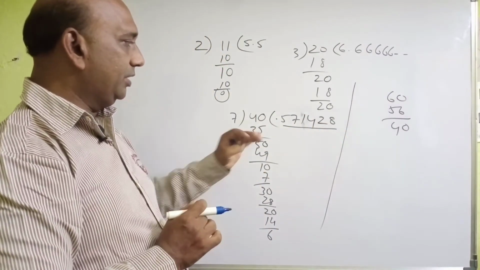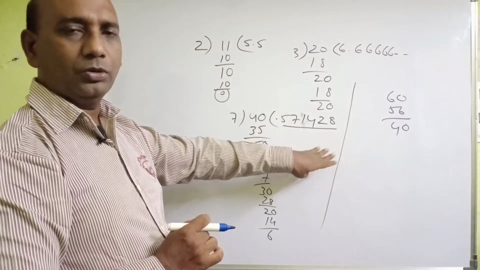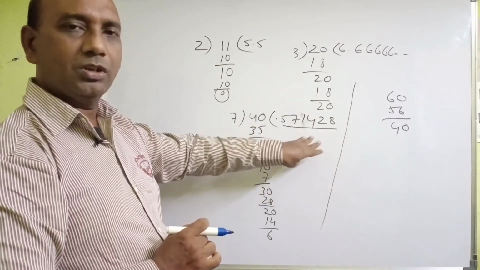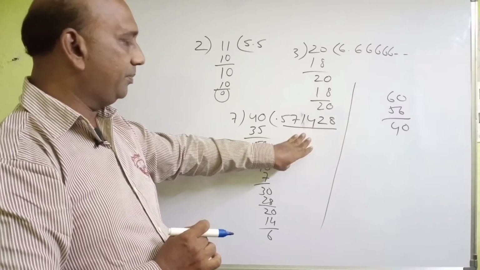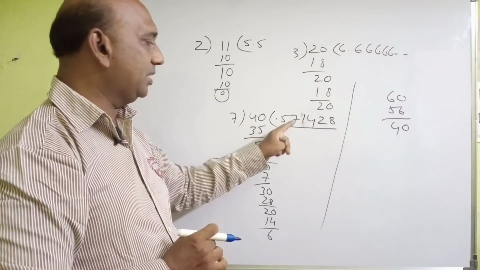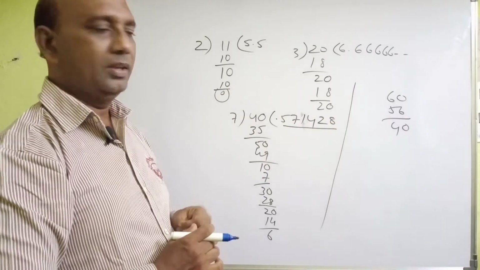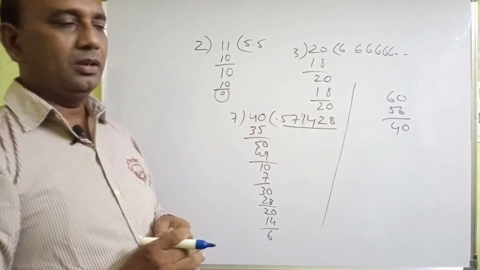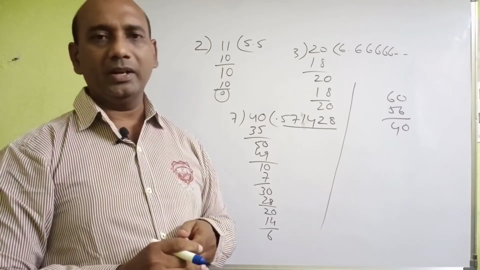That's why this is not terminating, not closing. The division is not closing. That's why this is a non-terminating decimal. At the same time, 571428 is repeating, that means 571428 is recurring. That's why we call it a non-terminating recurring decimal.